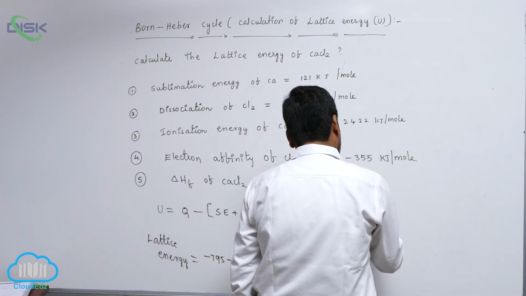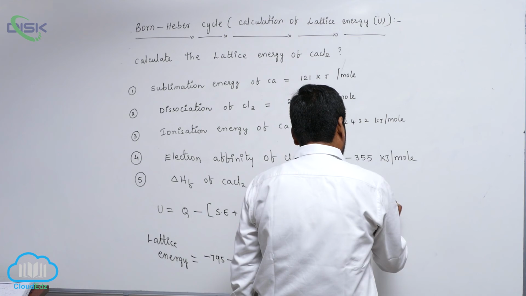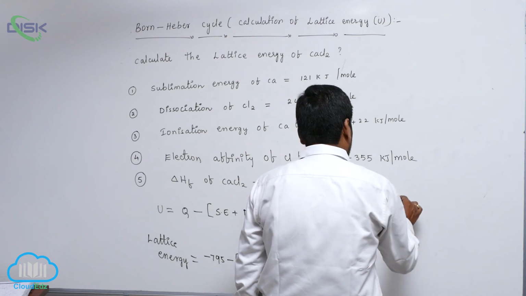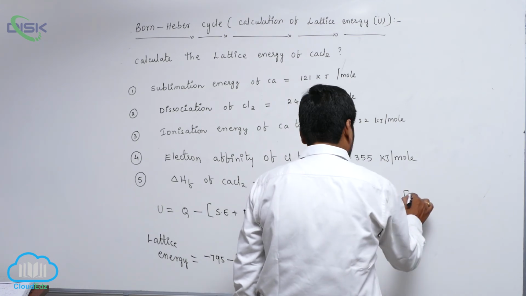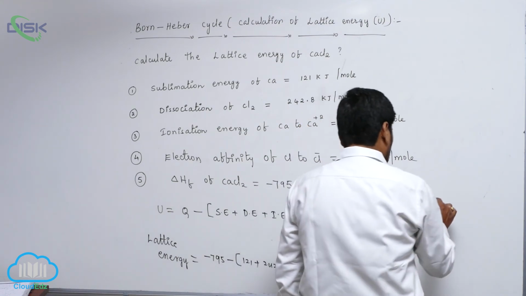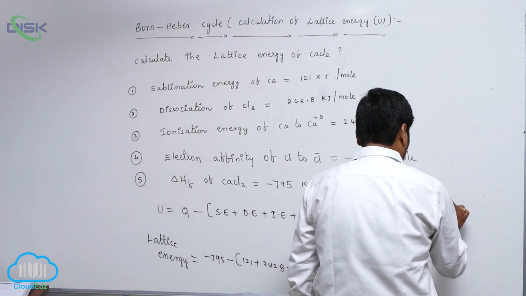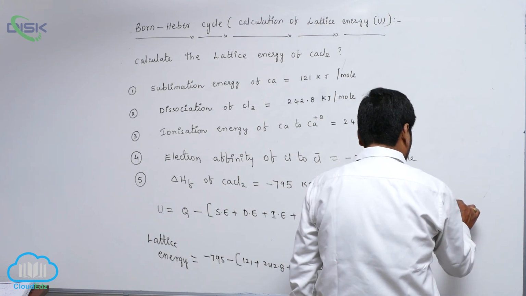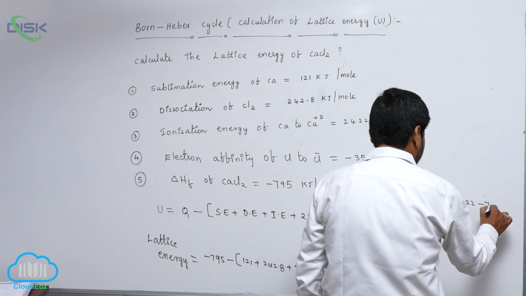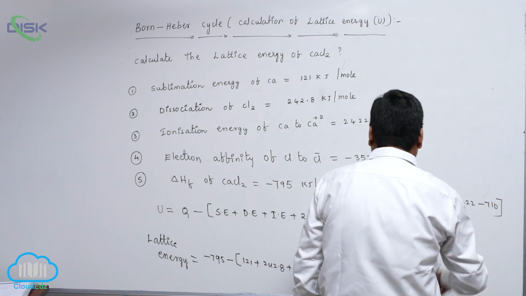So U equals minus 795, minus of 121 plus 242.8 plus 2422 minus 710.